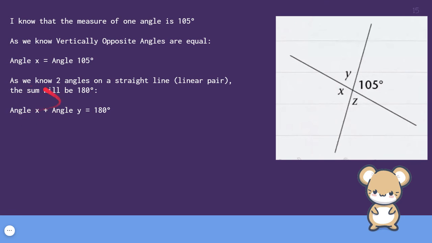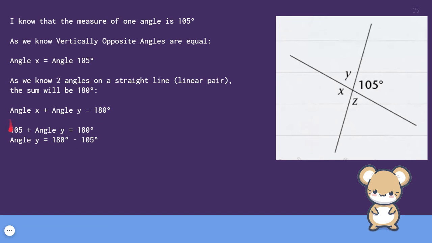Now I will just put the value of X as 105 because I know I have found it. I will add angle Y, this one, because I found a linear pair, and the sum is going to be 180. Same way, anything with the value that I have to find goes on the other side, changing its sign.